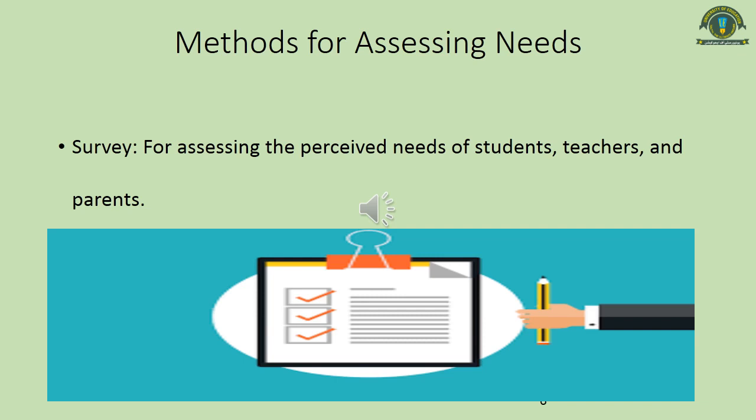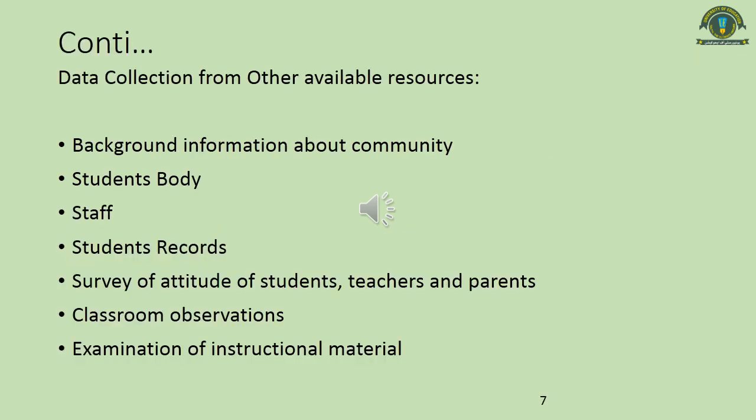The data can be taken from multiple sources like parents, teachers and other available resources. There are other ways through which the curriculum developers can get in-depth data about the sample, about the parents or teachers or the students.